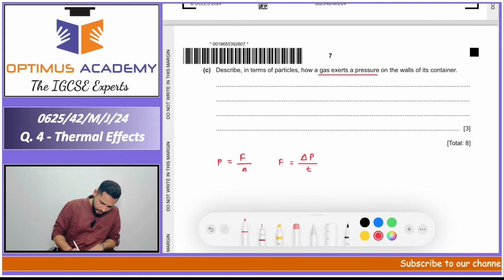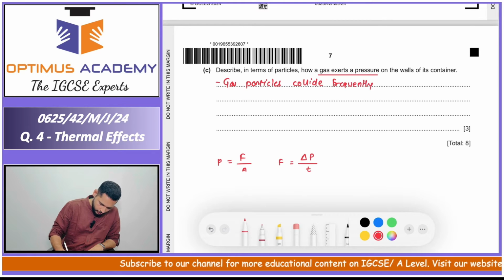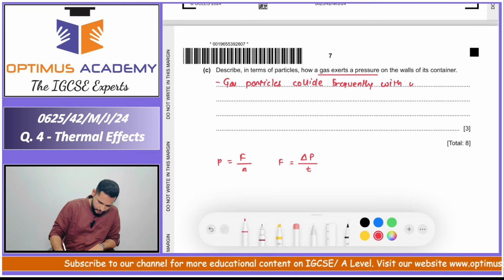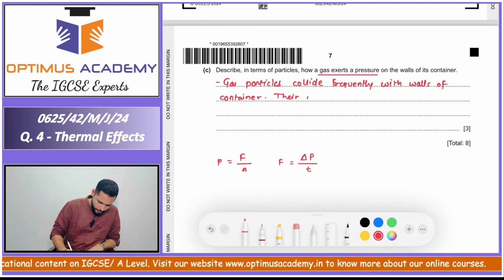We can write here the gas particles collide frequently with the walls of the container. Because of this, their momentum changes.